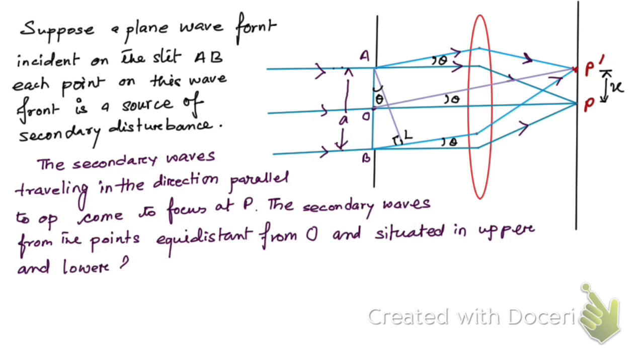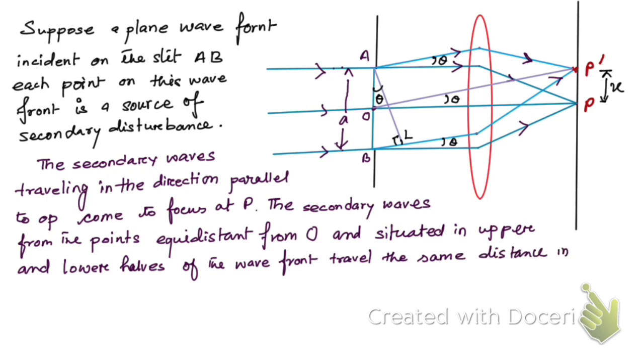As they travel the same distance, there will be no path difference. That means the path difference will be 0.